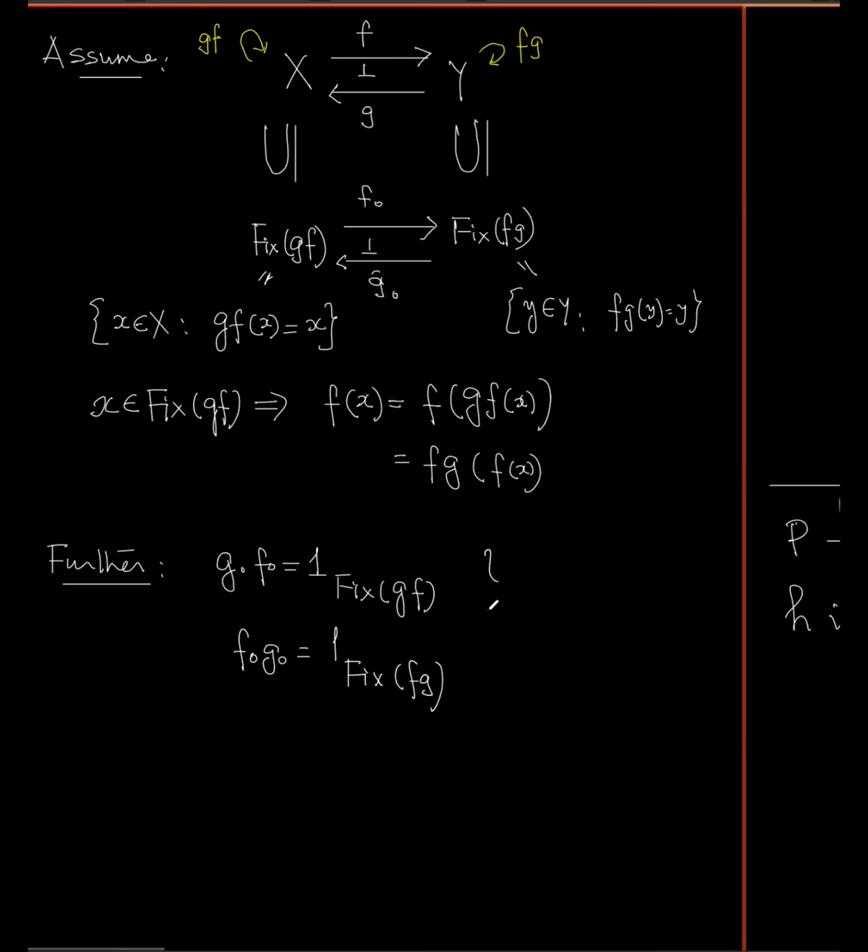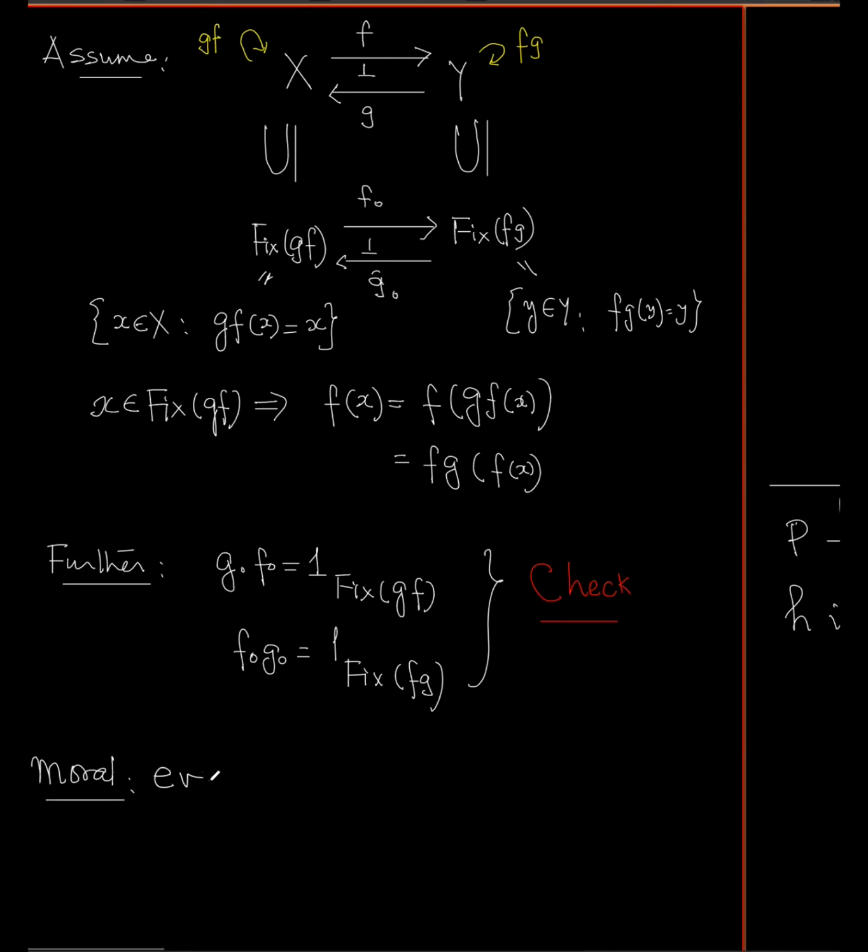So that means this adjunction restricts to a subset of X and to a subset of Y, which as partially ordered sets are isomorphic. Okay?